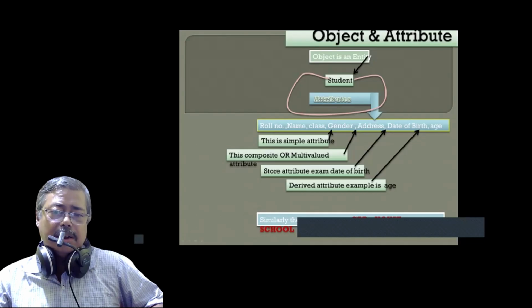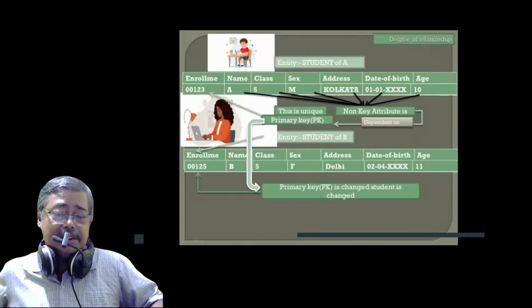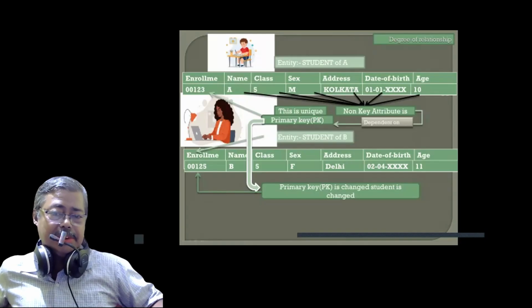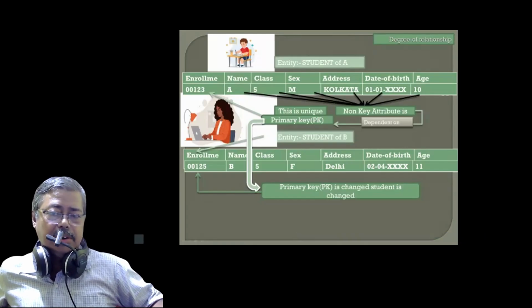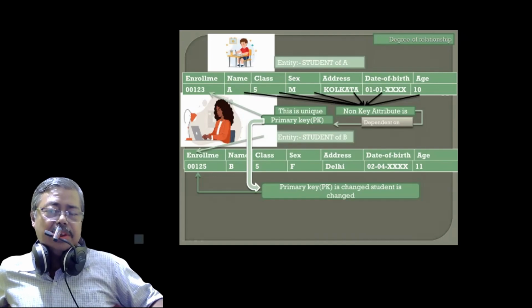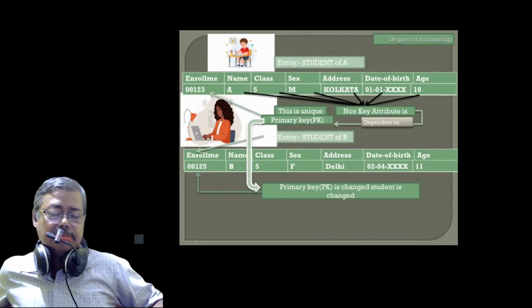And now we come to the degree of the relationships. So we are entering the relationships of the database. The database contains data. Suppose there are two students, student A and student B. One student contains 7 items: the enrollment number, name, class, sex, address, date of birth, and age.